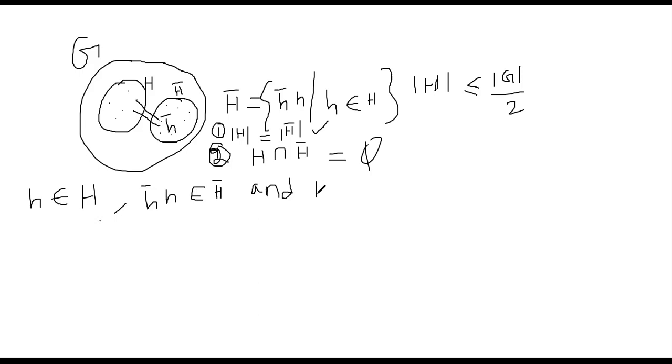So we found an element which is present in both H and H bar. Now we will make use of this and prove by contradiction that H and H bar should not have any overlap.